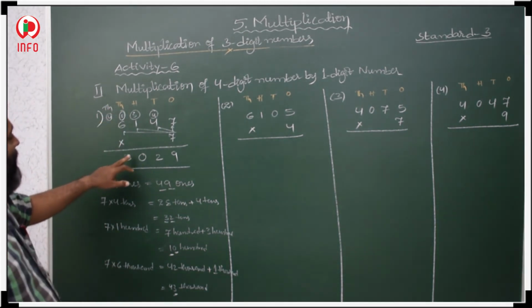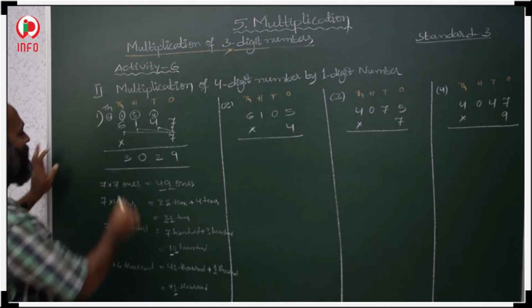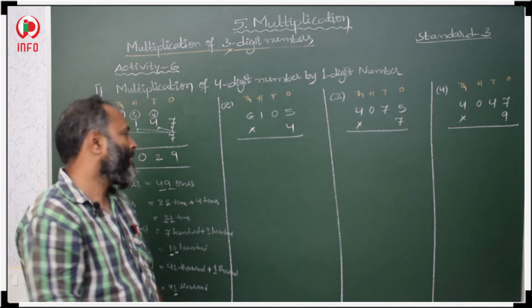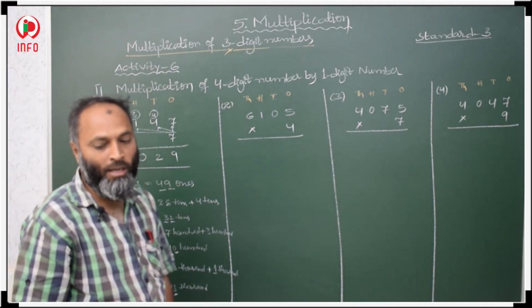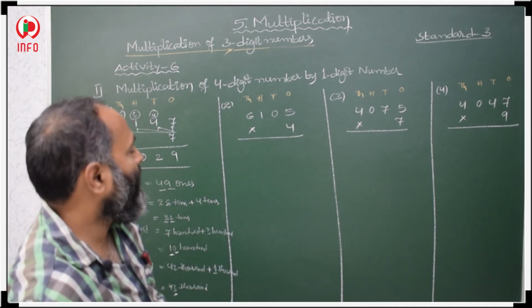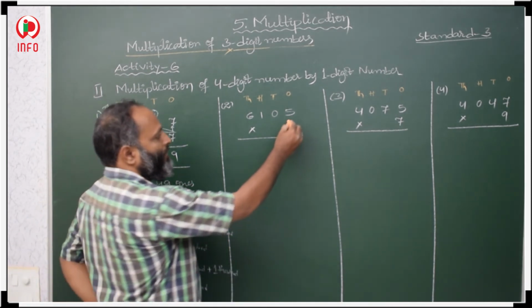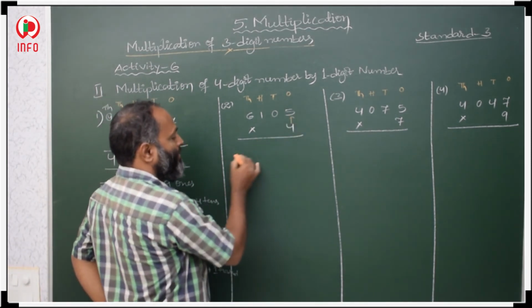After that we don't have any 10,000s place, that 4 we have to write as it is. 43,029.